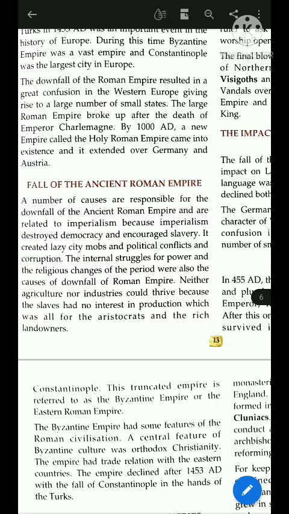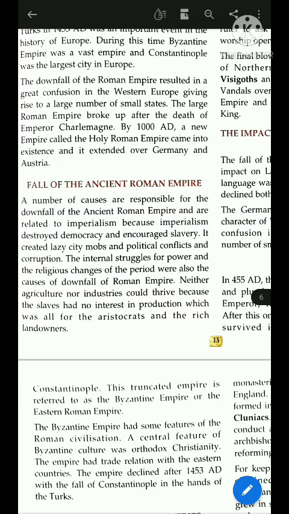There were many causes, and they are related to imperialism, because imperialism destroyed democracy and encouraged slavery. So one of the most important causes was imperialism.